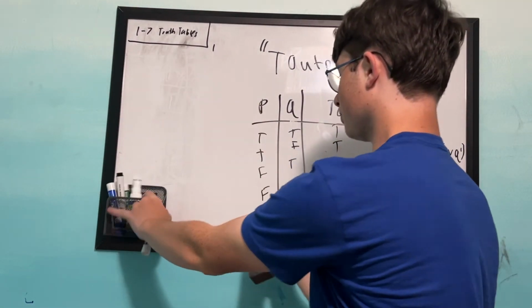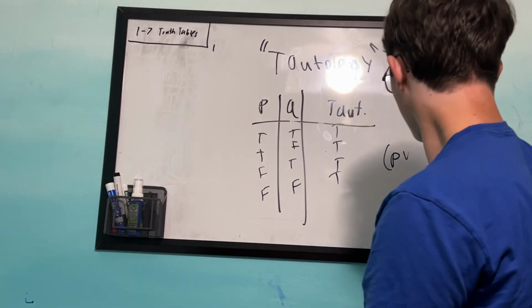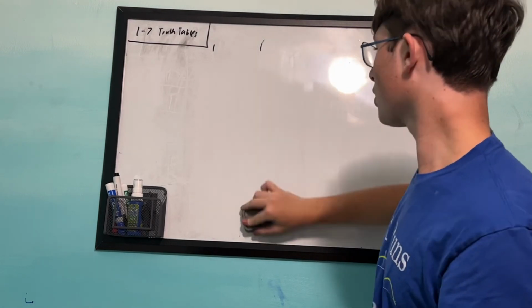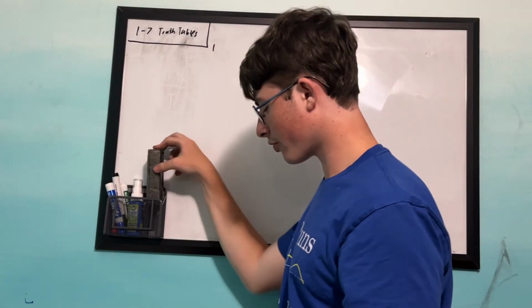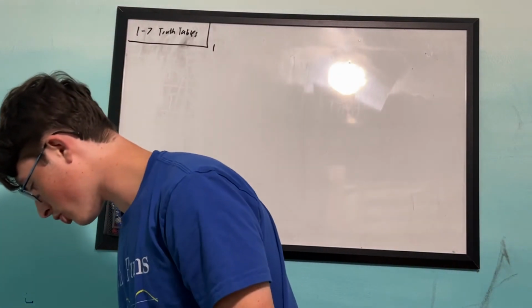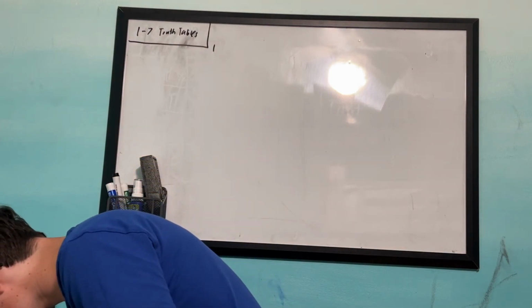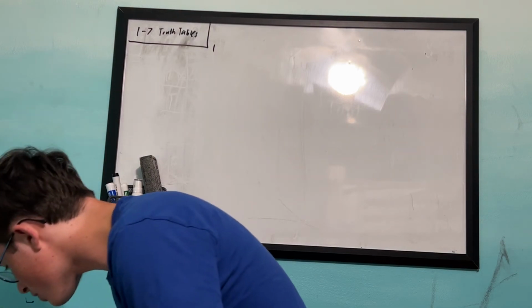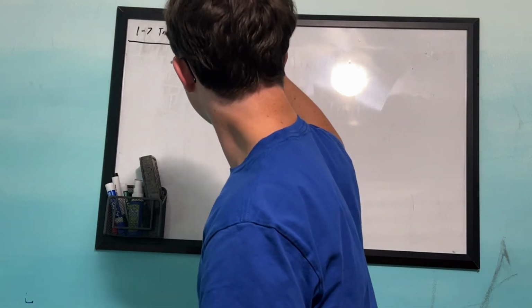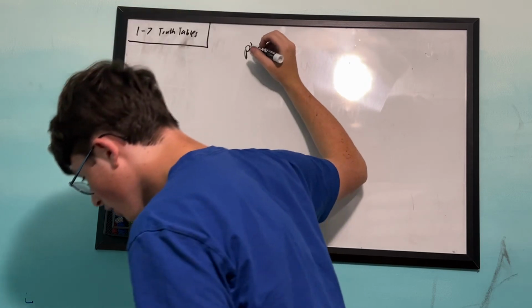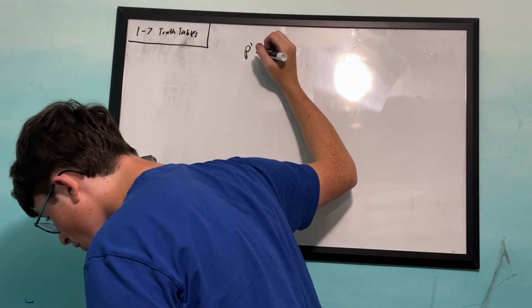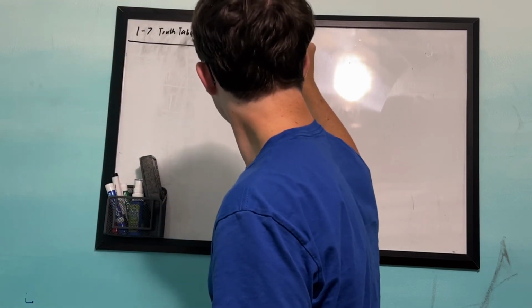And so now we can work out a truth table given something. Let's see. All right, this one looks fun. P and the, let's see this.